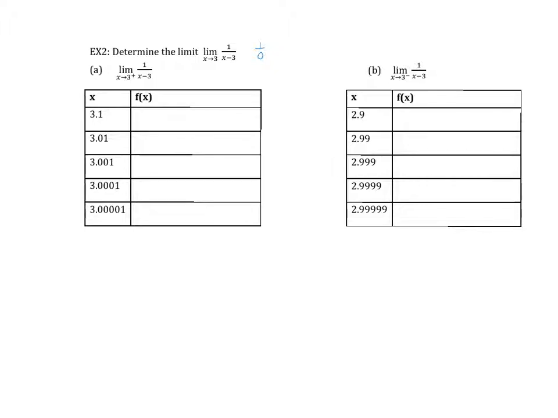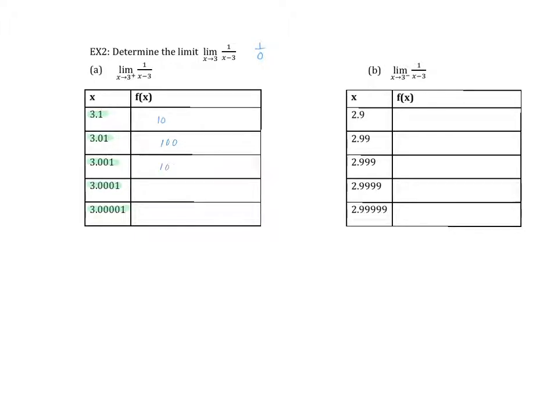As I approach 3 from the right, in my table I'm looking at 3.1, 3.01, and so on. What is my f of x? At 3.1, this is going to be 1 over 0.1, so it's going to be 10. At 3.01, if I plug that in for x, I get 1 over 0.01, which is 100.